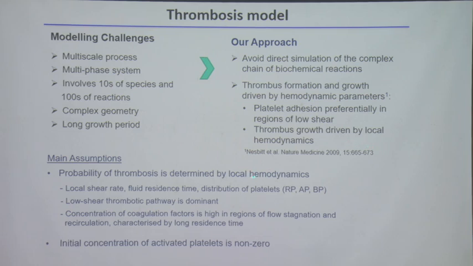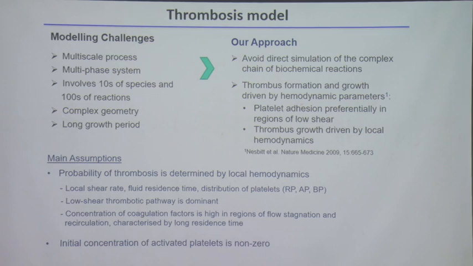Once you have fully resolved the flow field, you will be able to evaluate local shear, and then you can also find the fluid residence time and the distribution of the platelets. The distribution of platelets needs to be solved by coupling the transport equations together with the flow equations.